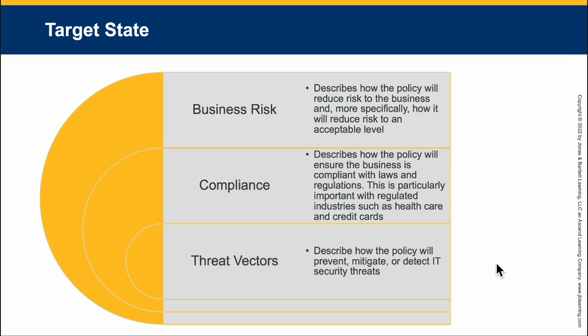Then compliance: are they following the law and regulation? It could be the standard or even the government standard, for example, in terms of social security number, credit card. Threat vector: prevention, and mitigation when a threat is detected.